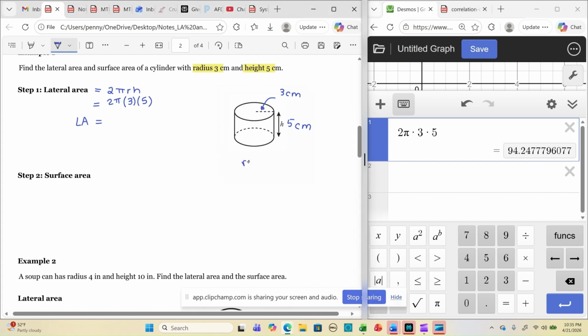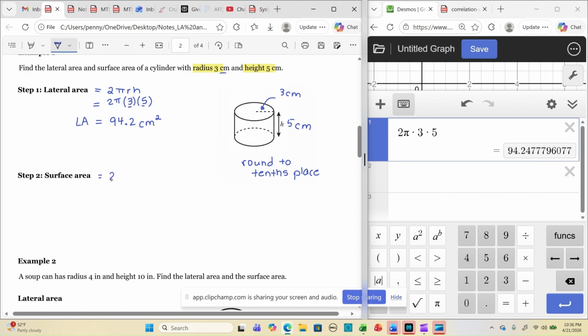I'm going to write that here just so you remember. So in this case, for our lateral area, we're going to get 94.2. The other thing we want to include is our units. The units here were centimeters, and so we have centimeters squared for our area because we had 3 centimeters times 5 centimeters, that's centimeters squared.